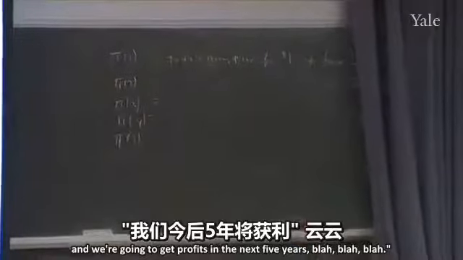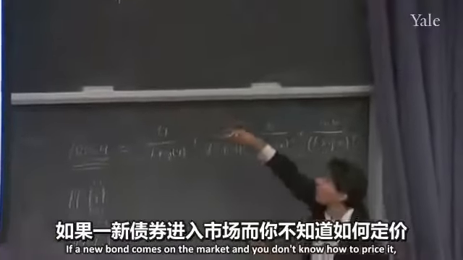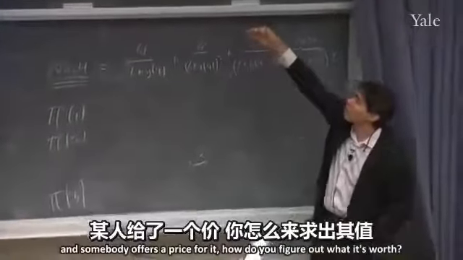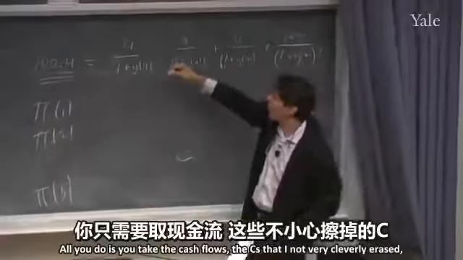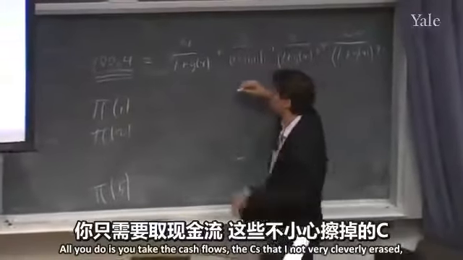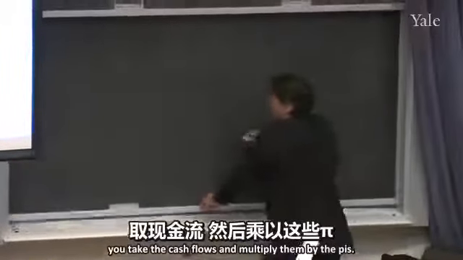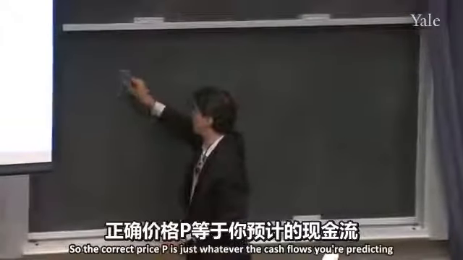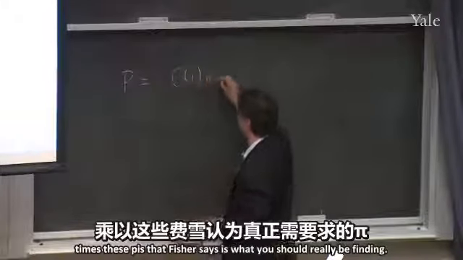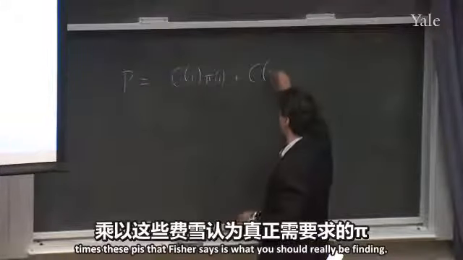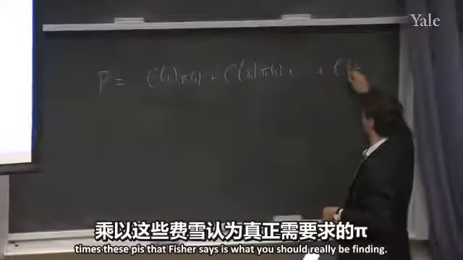If a new bond comes on the market and you don't know how to price it and somebody offers you a price for it, how do you figure out what it's worth? All you do is you take the cash flows, the C's that I not very cleverly erased, and multiply them by the pies. So the correct price, P, is just the cash flows you're predicting times these pies that Fisher says is what you should really be finding.